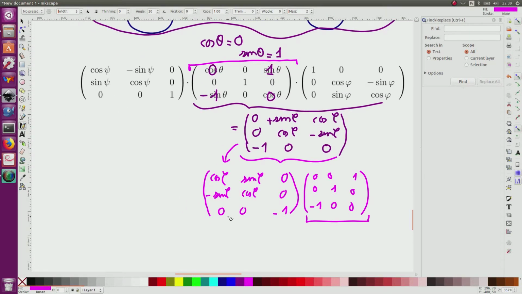Now the matrix I consider is the product of this one. So R is equal to this matrix multiplied by this one multiplied by this one.